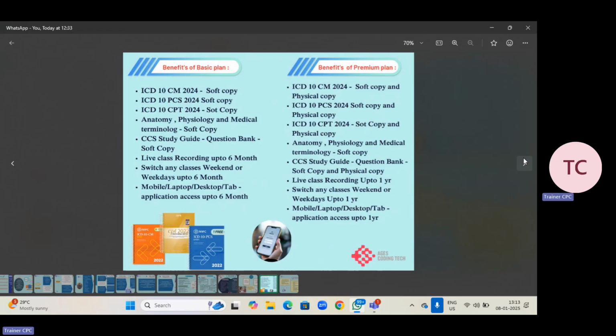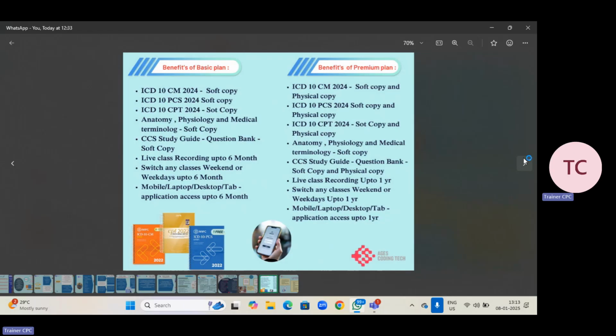In the basic plan, you will get soft copies of the ICD-10 CM, PCS, and CPT books, the anatomy, physiology, and medical terminology book, and the CCS study guide and question bank. All of this you will get as soft copies only.